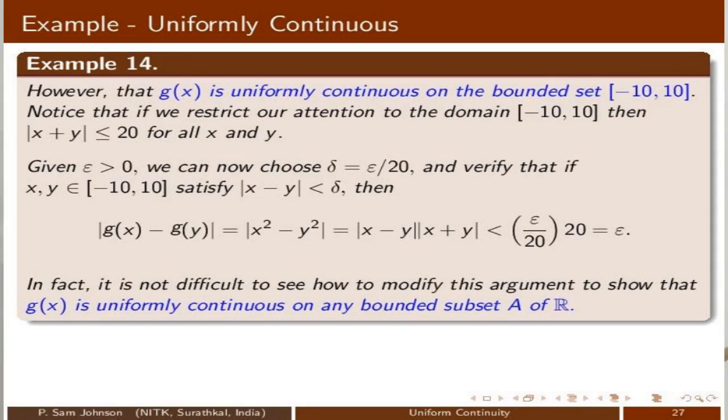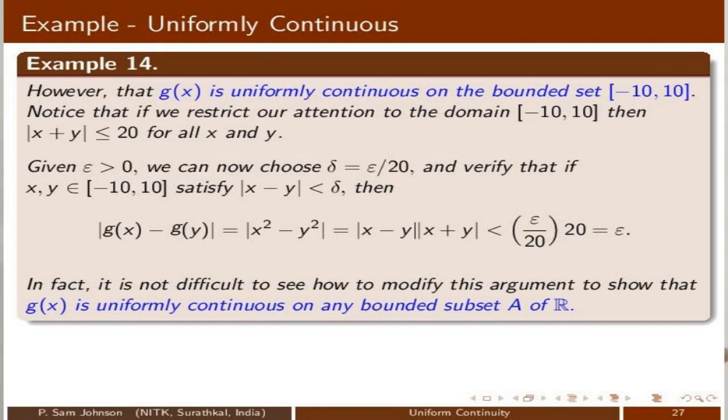But this function is uniformly continuous on a bounded set, minus 10 to 10, or any bounded set. You can prove it easily, because we have observed that when the x values are increasing, the corresponding delta from our construction becomes smaller and smaller.